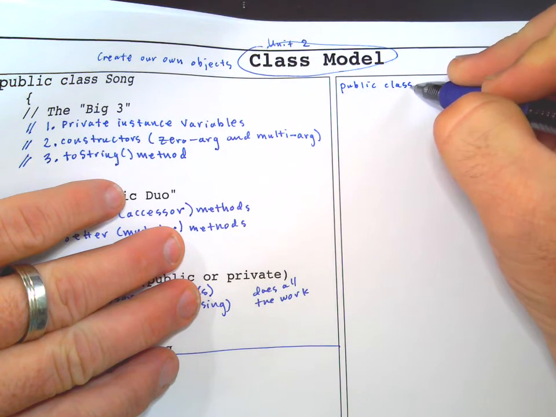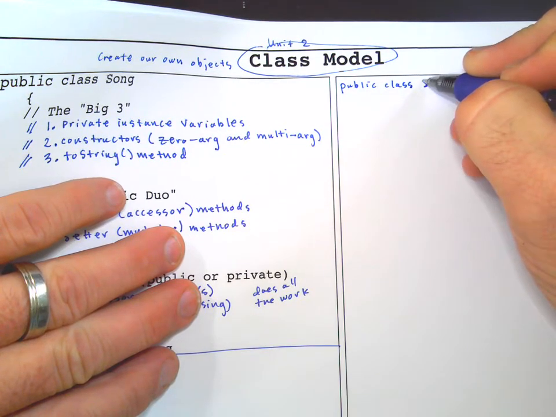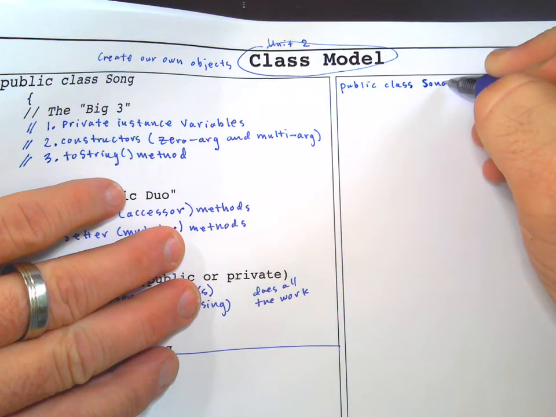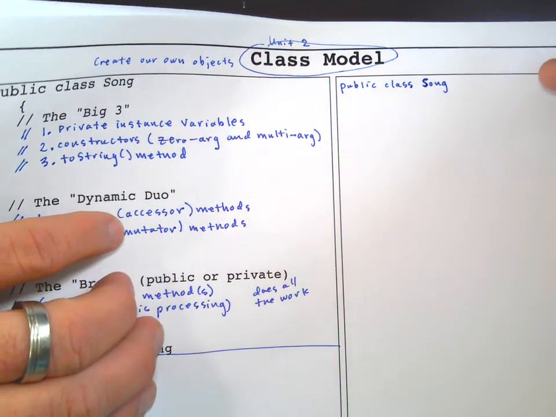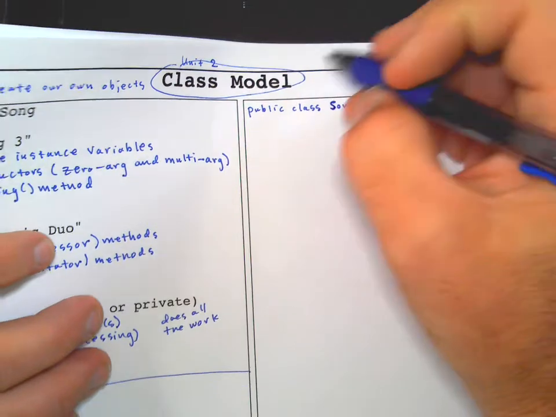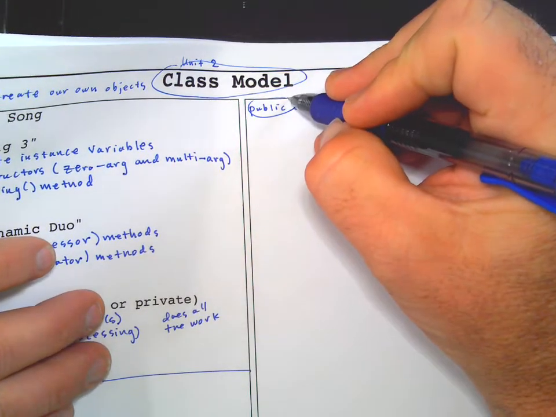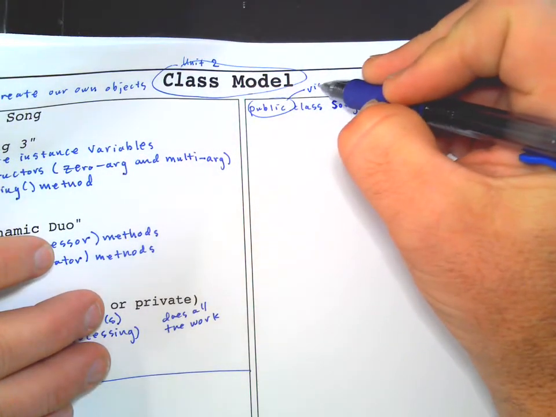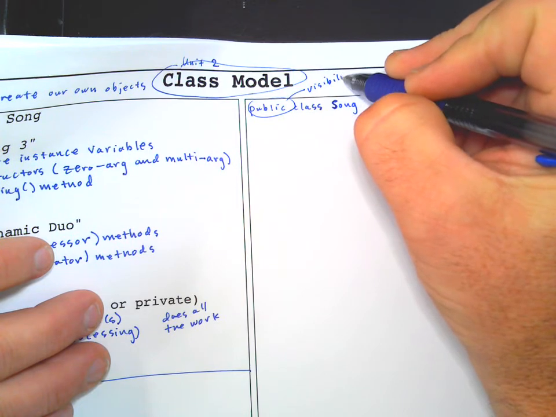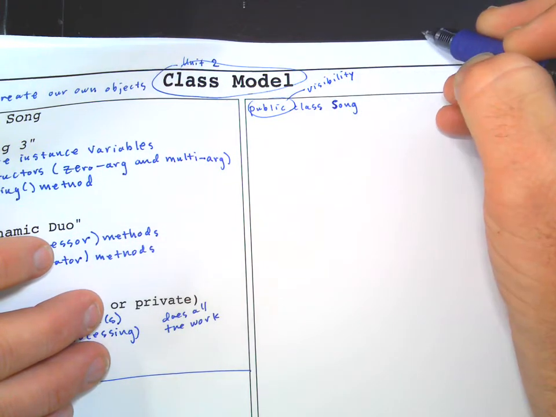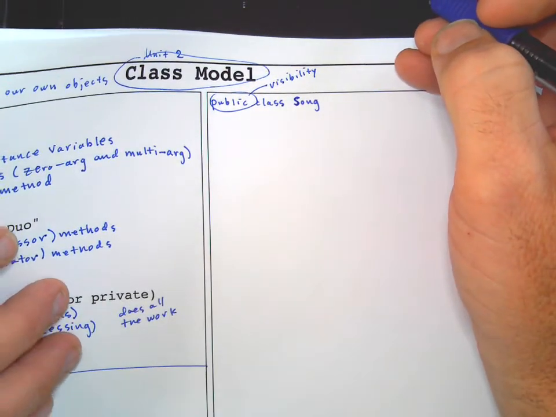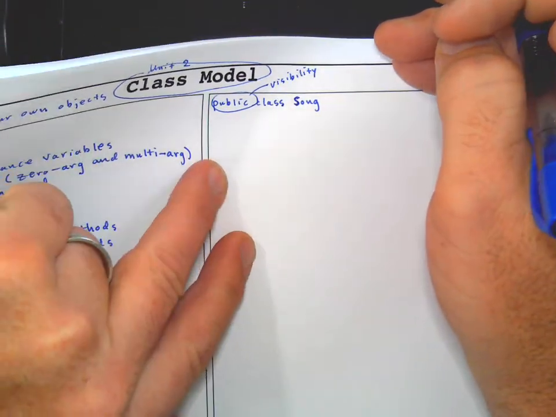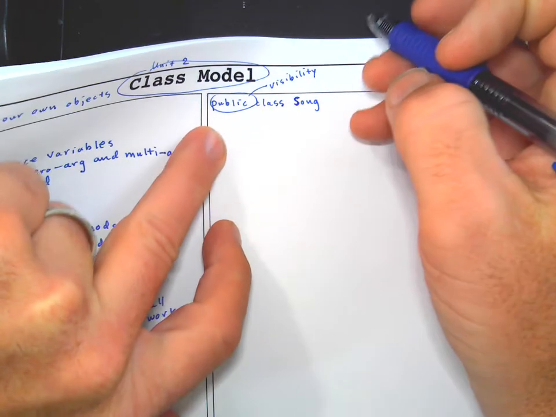For us, we're going to do a song object. We have to use a capital letter for the first letter of the name of a class. And public, I'll just let you know now what this is. This is the visibility. If something's private, that means it can't be seen or accessed from another class, which you might want.